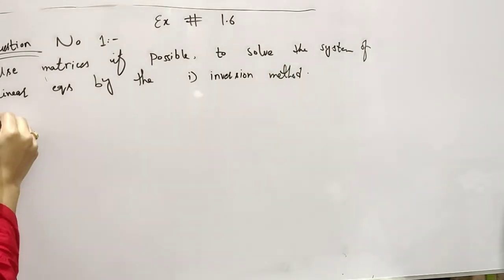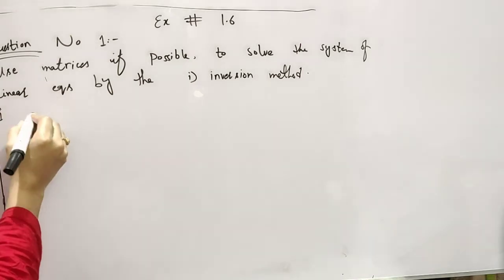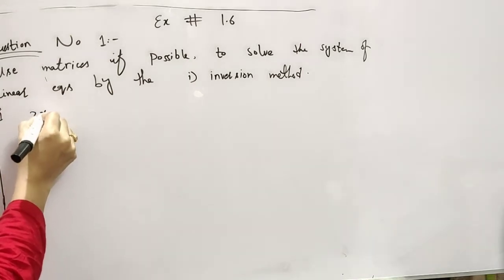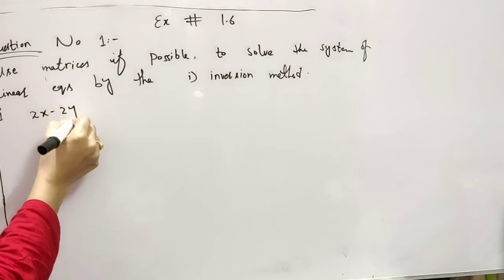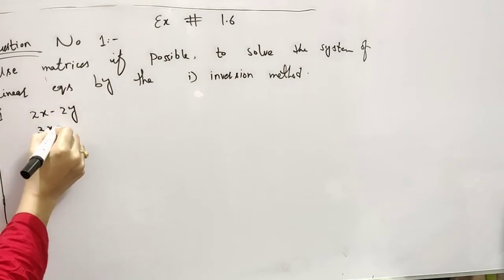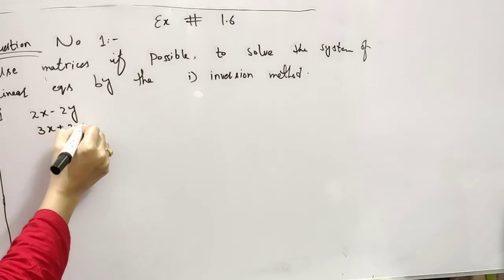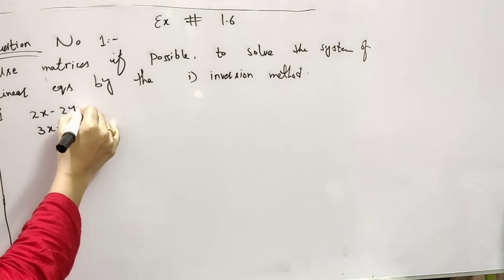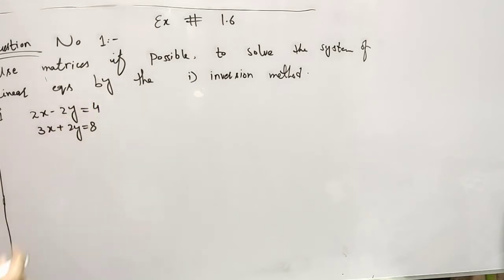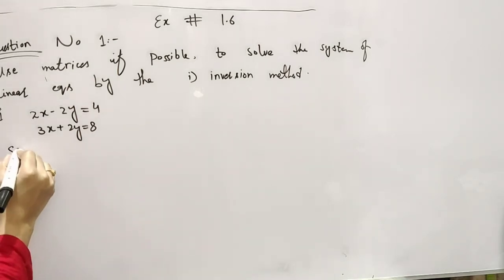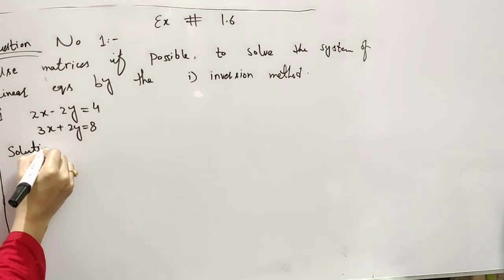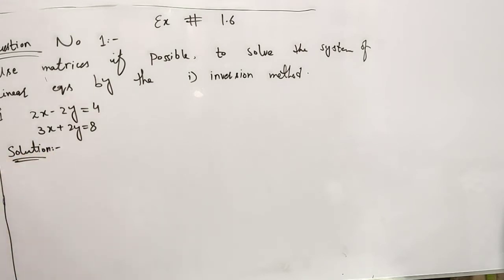So the first part is 2x minus 2y equals 8, and 3x plus 2y equals 4.